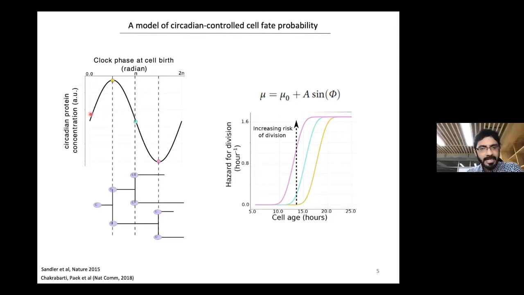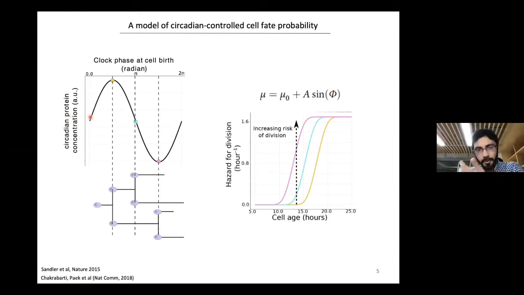To do that, the essential idea that I developed in this paper was the following. Imagine that you have some circadian proteins. The circadian clock is essentially an autonomous clock which oscillates in every single cell of our body, even if you take it outside. These circadian proteins oscillate with roughly a 24-hour time period, okay?